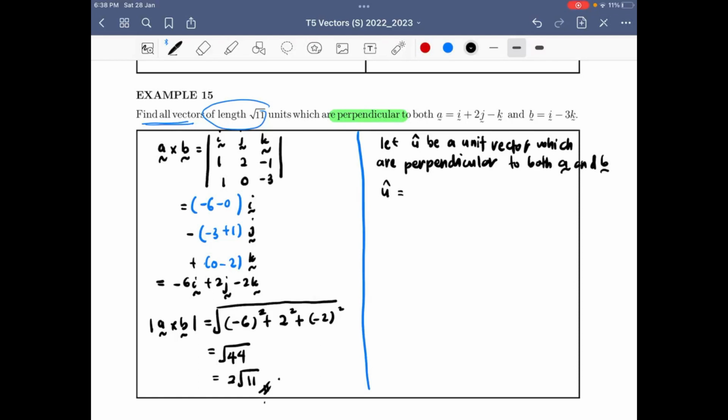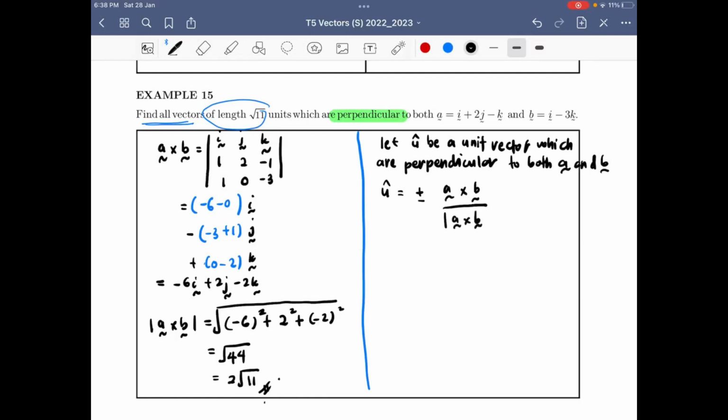Therefore we need to find the unit vector. U hat is equal to, remember, the unit vector is the vector divided by the magnitude. And then we need to put the plus minus sign. Why do we need the plus minus sign? Because a unit vector can be both positive and negative, as long as it is in that direction. Because a unit vector represents direction, not magnitude.